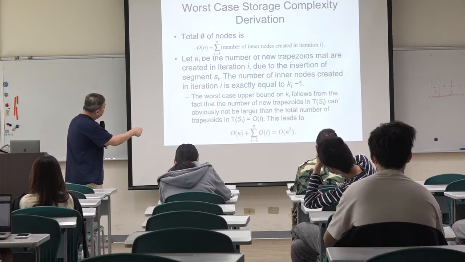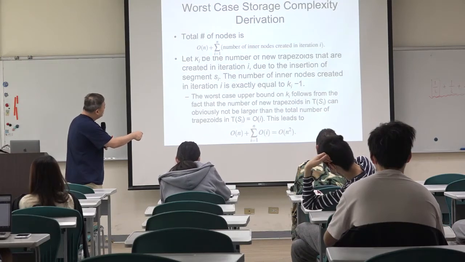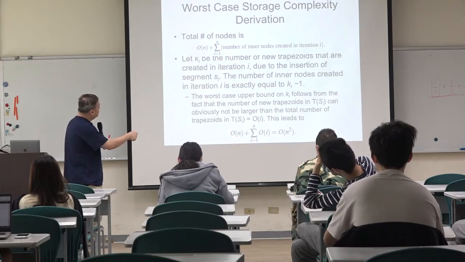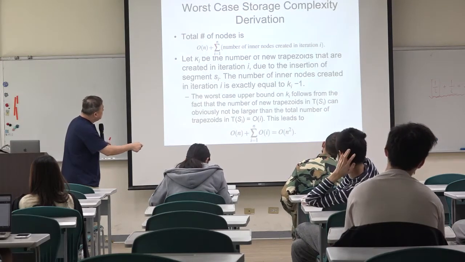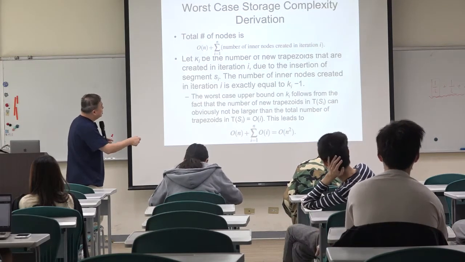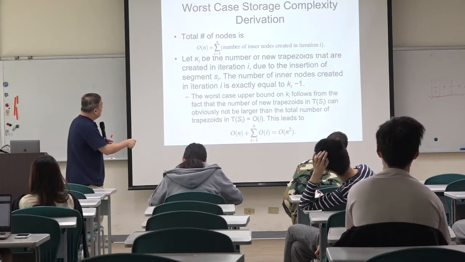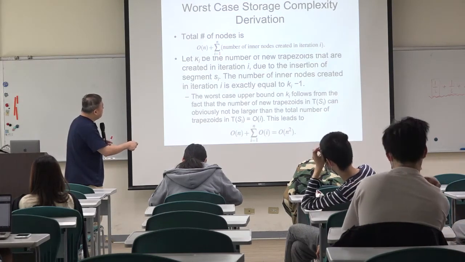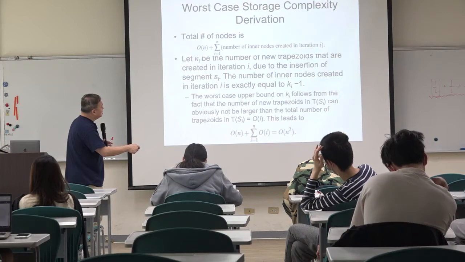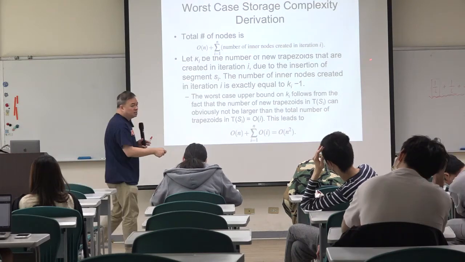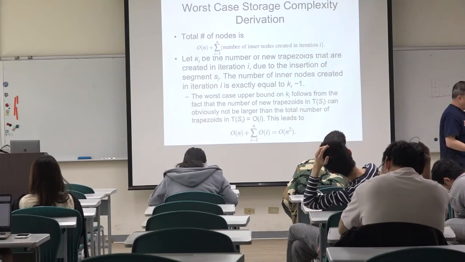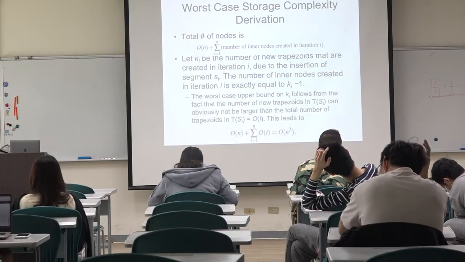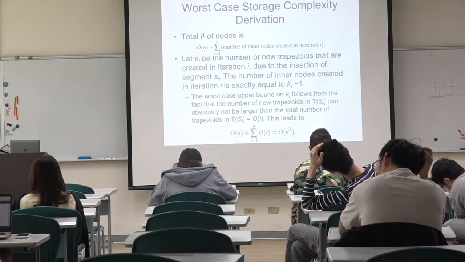To be exact, it's bounded by 3n plus 1, but we just write it big O(n), plus the total number of internal nodes. So that is the summation for i from 1 to n of the number of inner nodes created in iteration i. That's obviously the total number of internal nodes, right?